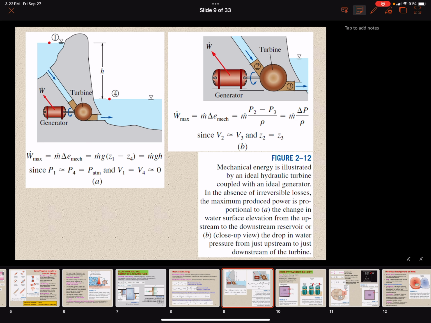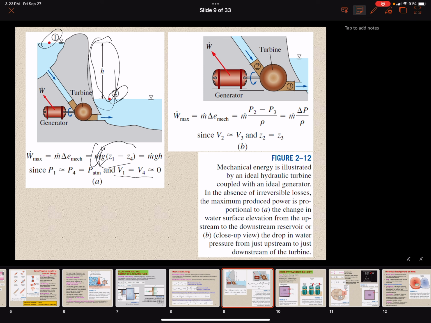In this example, there is only a change in the potential energy, and the pressure at 1 and at 4 is the atmospheric pressure, but there is no kinetic energy, as the system is not moving with velocity. So the only change is the potential energy. These cancel, and we are left with the mass flow rate multiplied by gravity and the change of position.